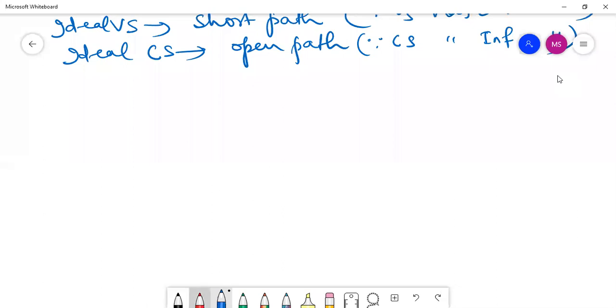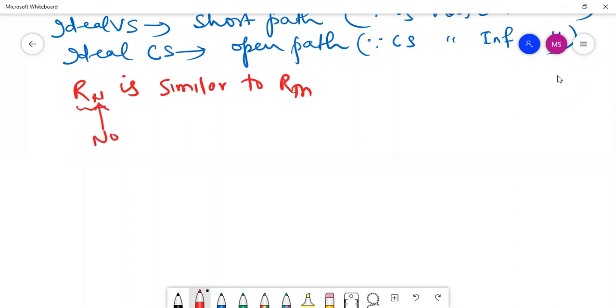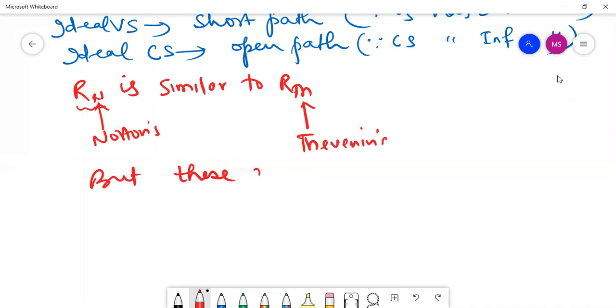So from this statement, it is observed that Rn is similar to Rth. The only difference is that one is for Norton and the other is for Thevenin, but these are the same, right?